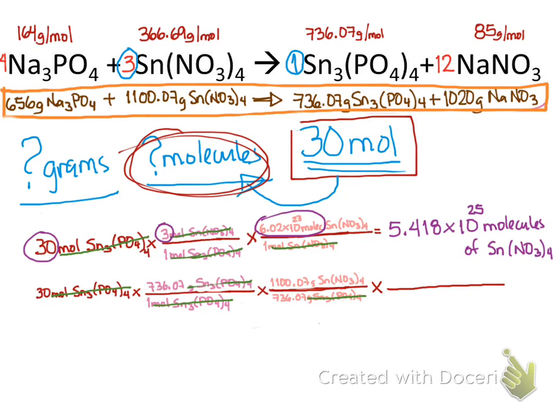Okay, how many grams do I have in 1 mole of tin nitrate? 366.69 grams of tin nitrate.